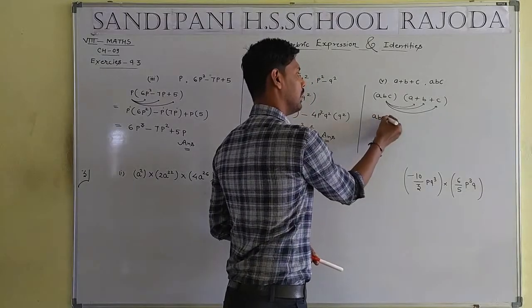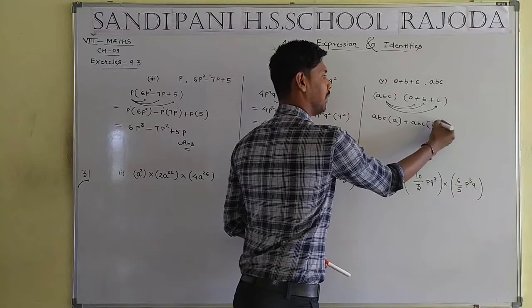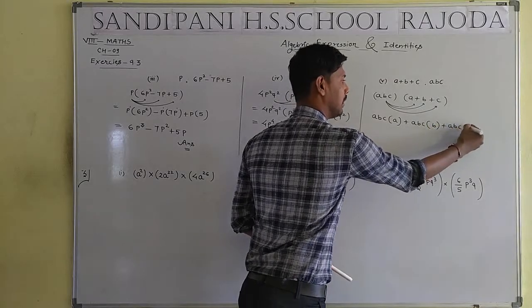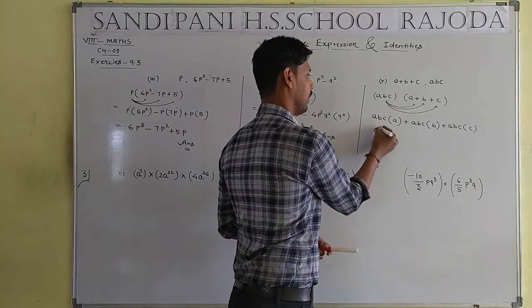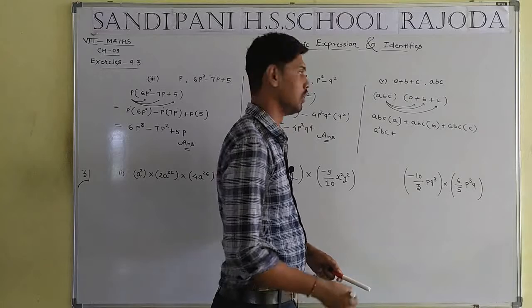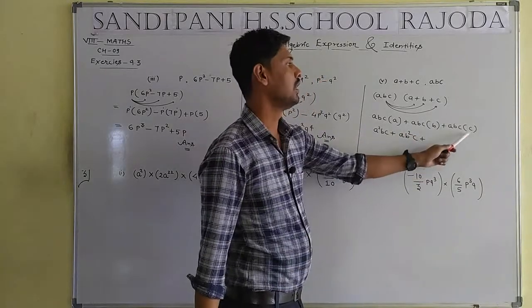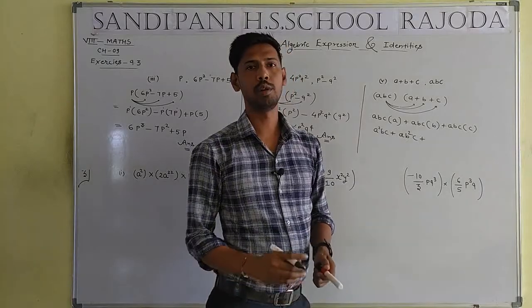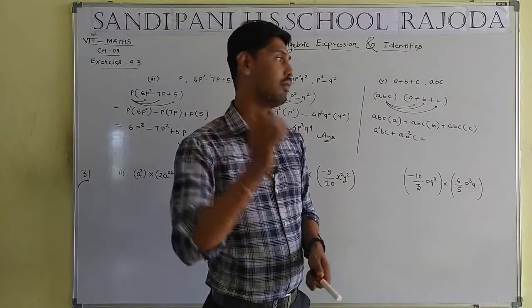So abc multiply by a, abc multiply by b, abc multiply by c, such that a into a will be equal of a square bc. b into b, that means b to the power 2. Okay, student, and in the case of the c into c, देखिए मैंने बार बार बोला, in the case of the multiplication same variable multiply with the same variable.